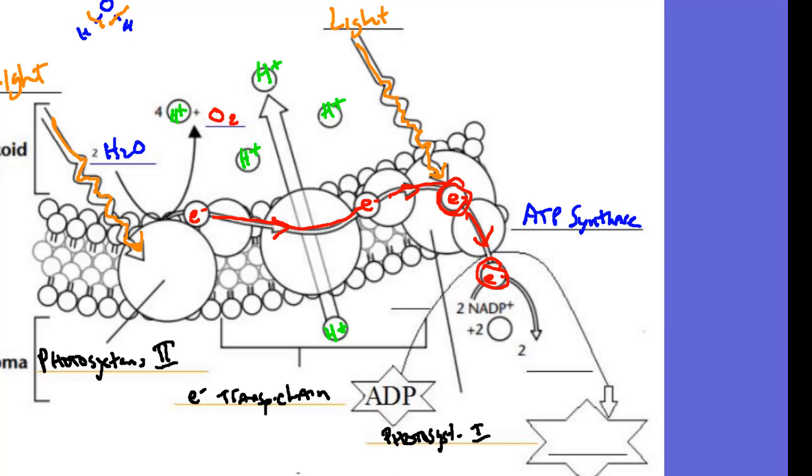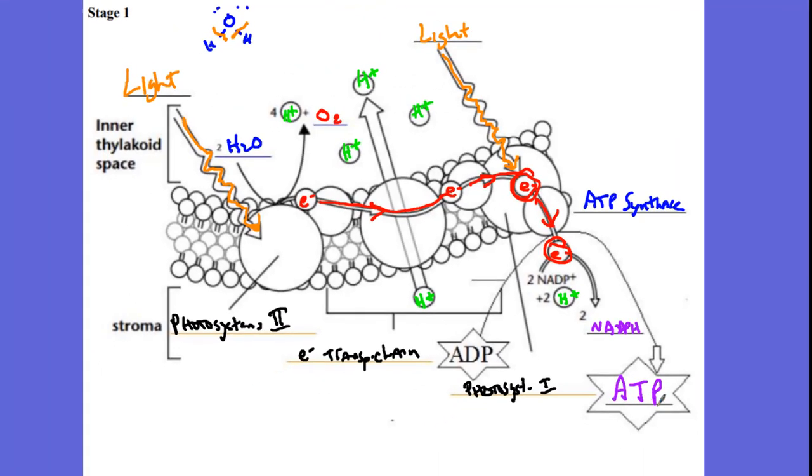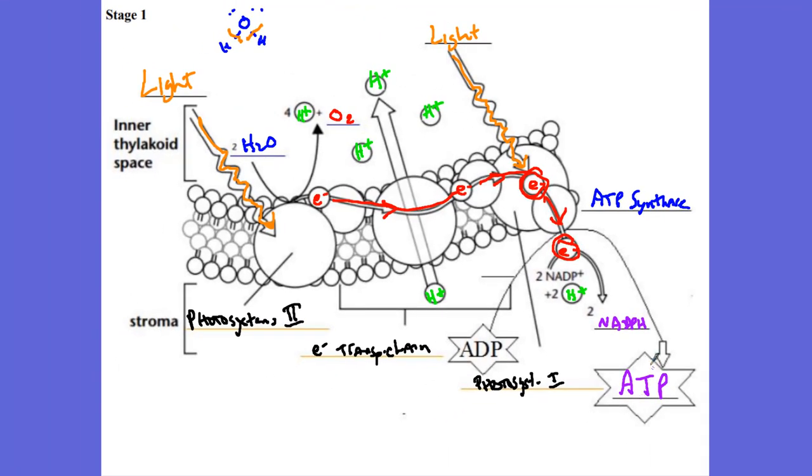ATP synthase is taking these electrons, it's taking H plus, it's taking NADP plus, and it's making some NADPH and a lot of ATP. And that ATP and that NADPH is going off to stage 2.